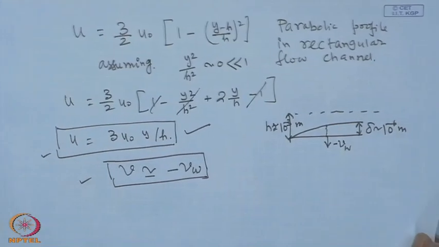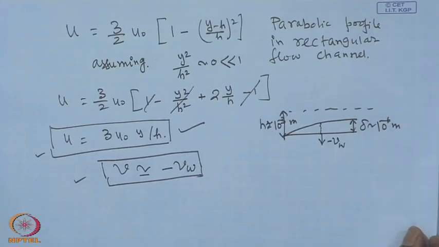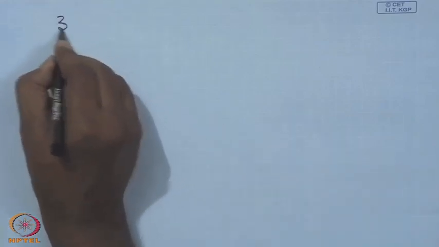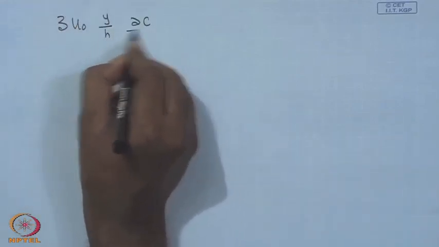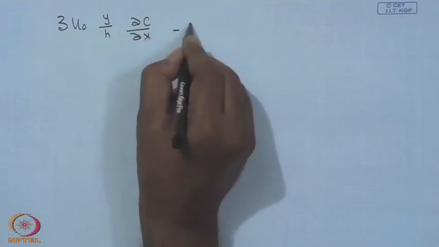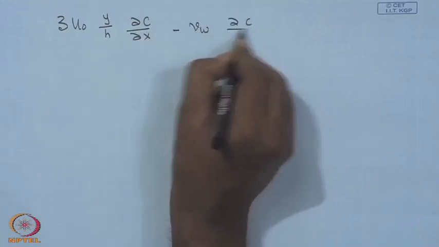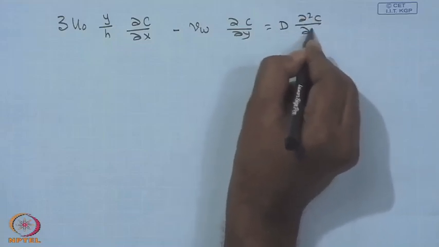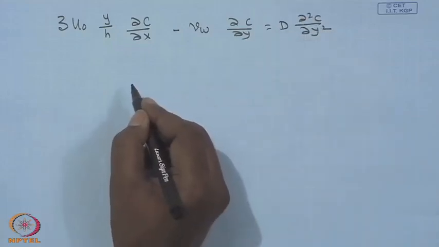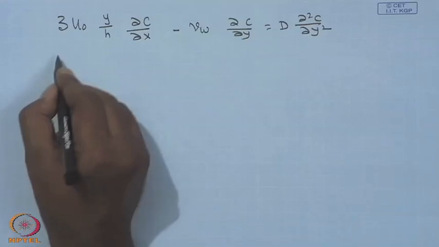If you insert these 2 velocity profiles in the governing equation, this becomes 3 u naught y over h del c del x minus V w del c del y is equal to D del square c del y square. Now, let us make this equation non-dimensional.